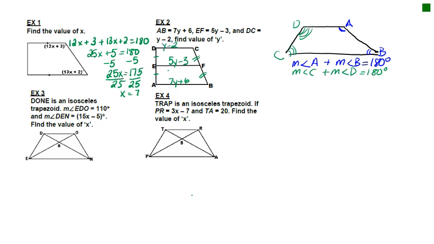And this is y minus 2. So your median always equals 1/2 base 1, y minus 2, plus base 2, 7y plus 6.